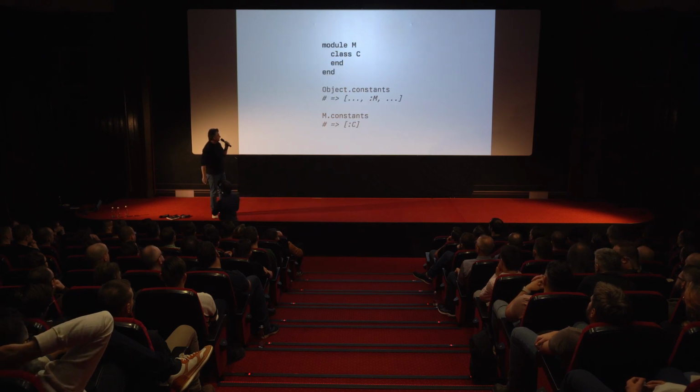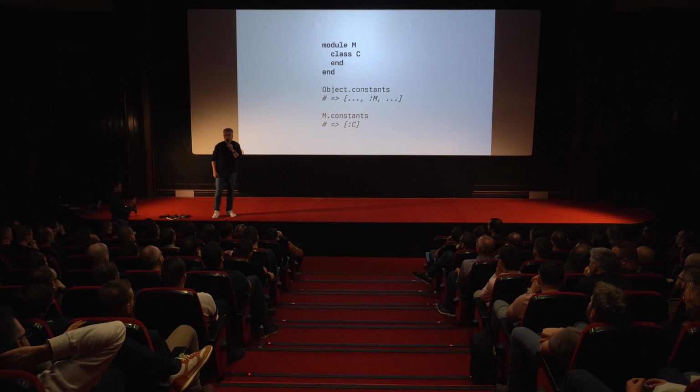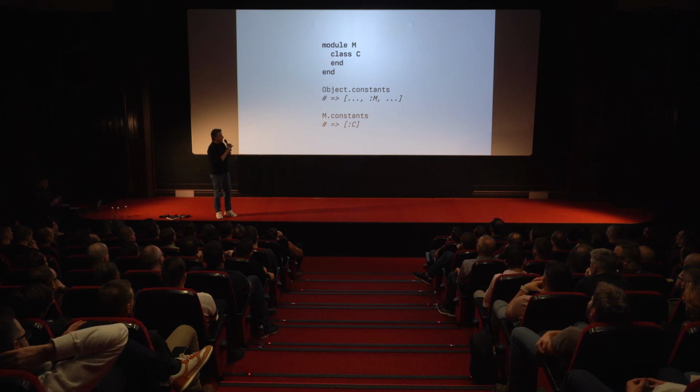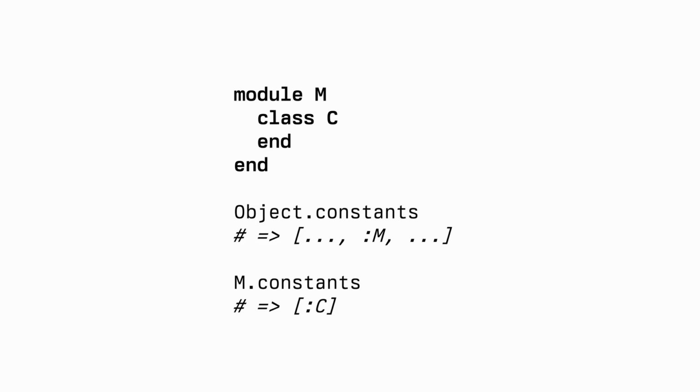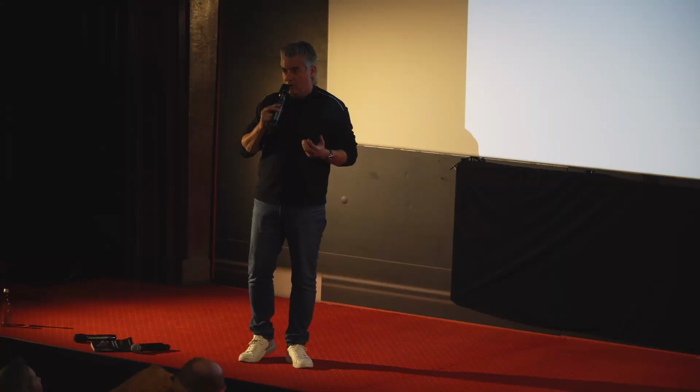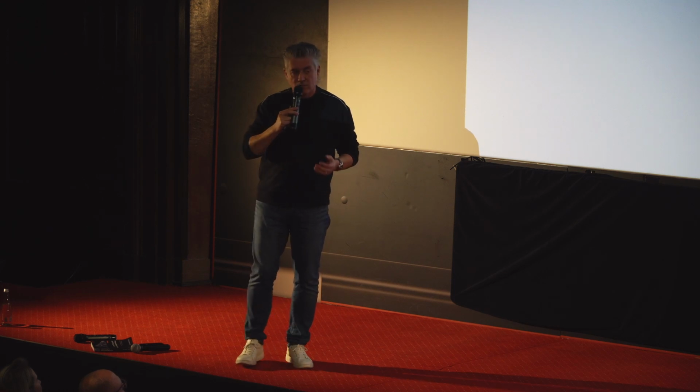All right. Now let's introduce nesting. Okay. We have a module M, and nested we have class C. This is the way Ruby kind of emulates the concept of a namespace. All right. Ruby properly does not have namespaces like other languages do. But this is like the emulation that allows us to separate things in practice. Okay, so if we list the constants in object, the top level ones, M is there, right?